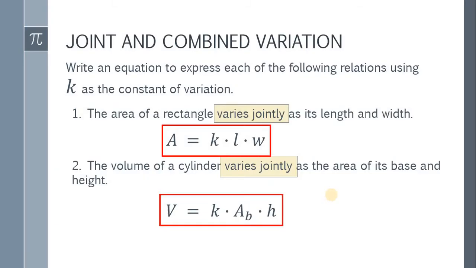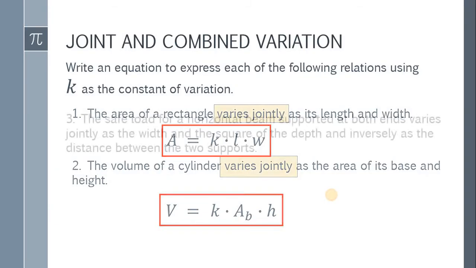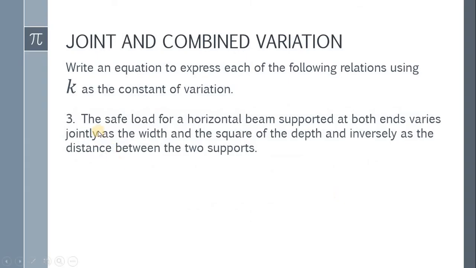Now, let's have the solution for number 3 and number 4. So, number 3. The shape load for a horizontal beam supported at both ends varies jointly as the width and the square of the depth and inversely as the distance between the two supports. Now, hanapin natin yung mga clue word. So, yung clue word natin is yung varies jointly.